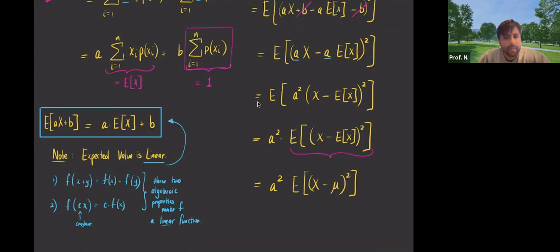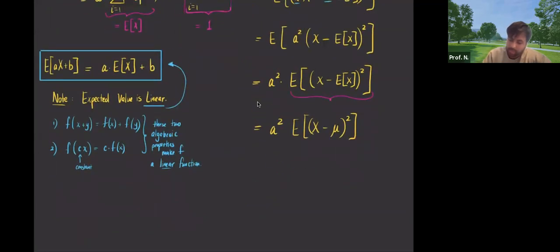All I did here was I changed the expected value of x into mu. What does this represent? The expected value of x minus mu, squared. Variance. That is right. So wait a minute. What did I just figure out? I figured out that the variance of ax plus b is equal to a squared times the variance of x.